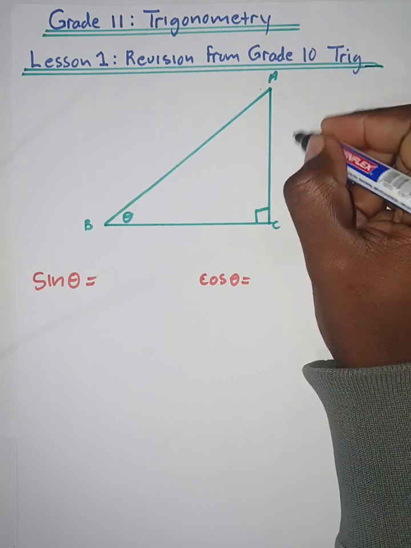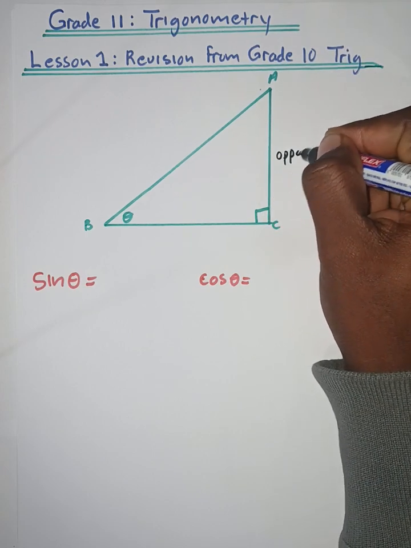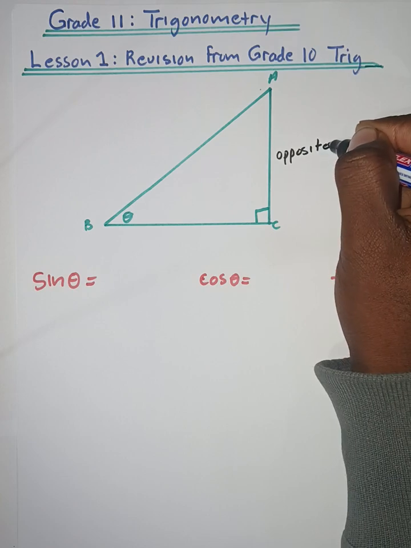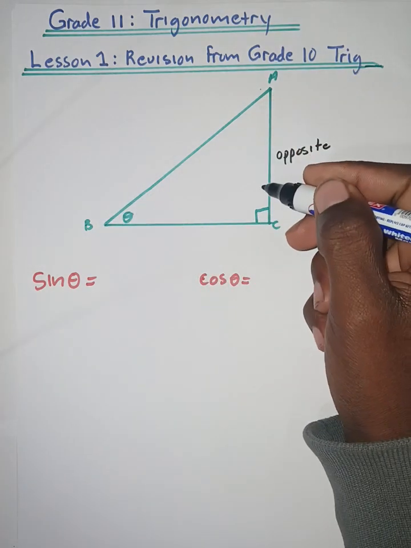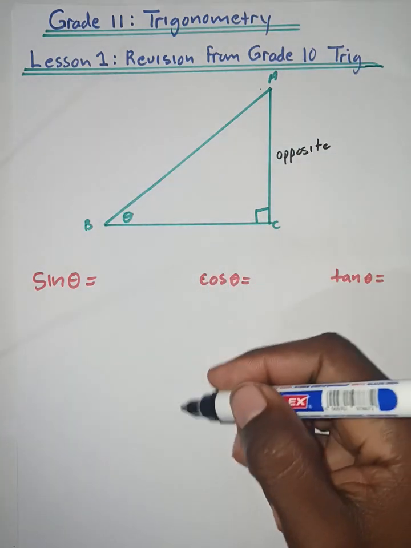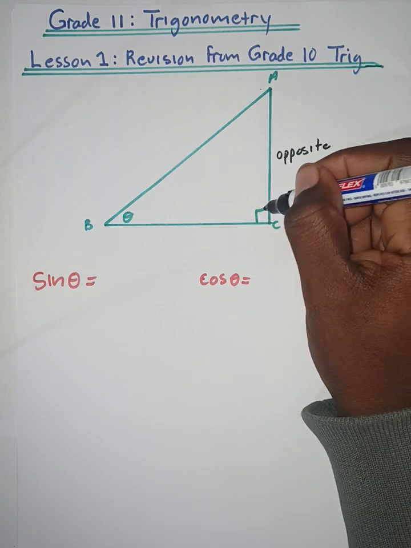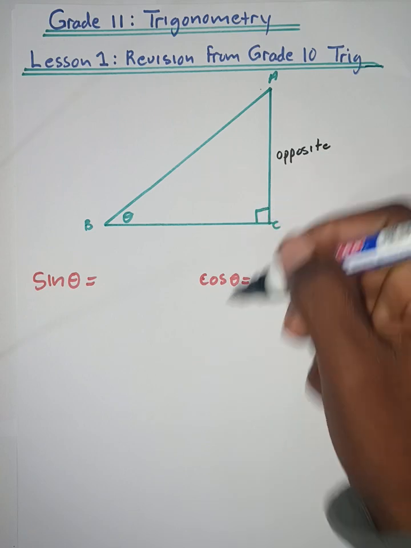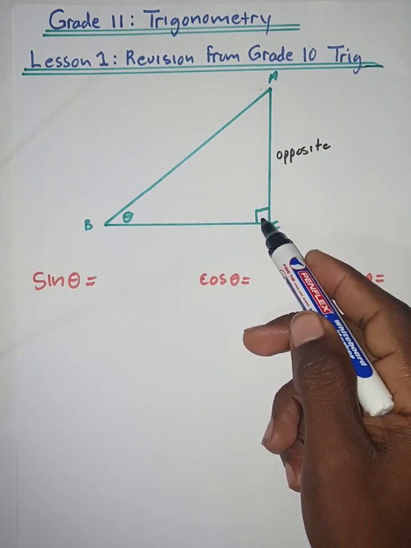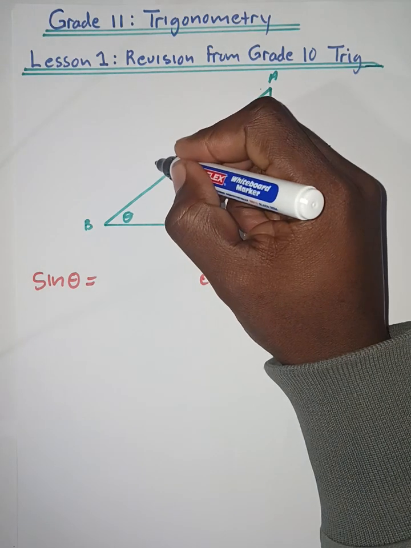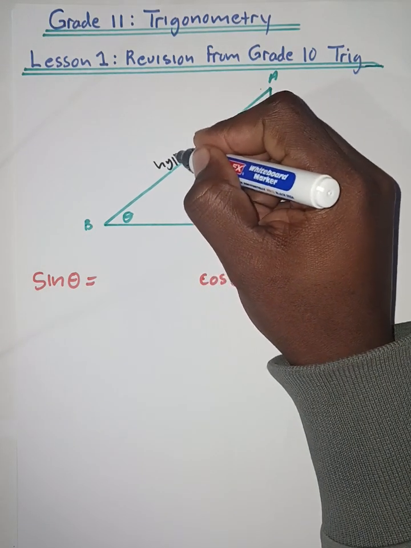So AC in this case would be the opposite. And we know that the longest side is the hypotenuse. The way you can note that is that it is always opposite that 90 degree angle. So that's the hypotenuse.